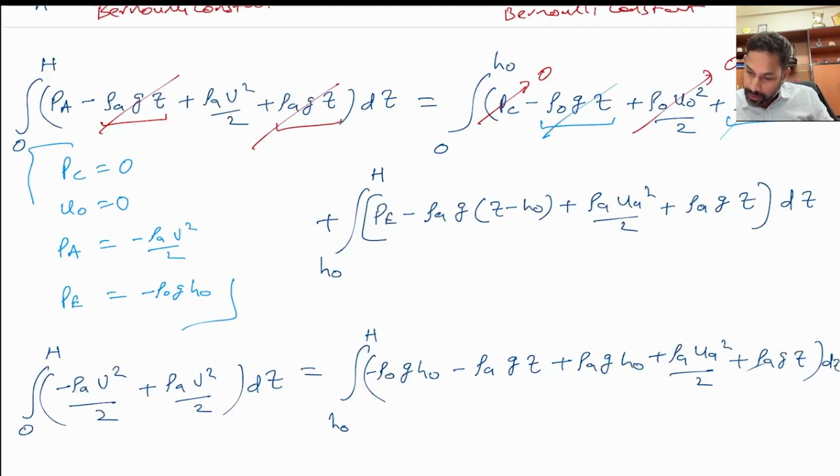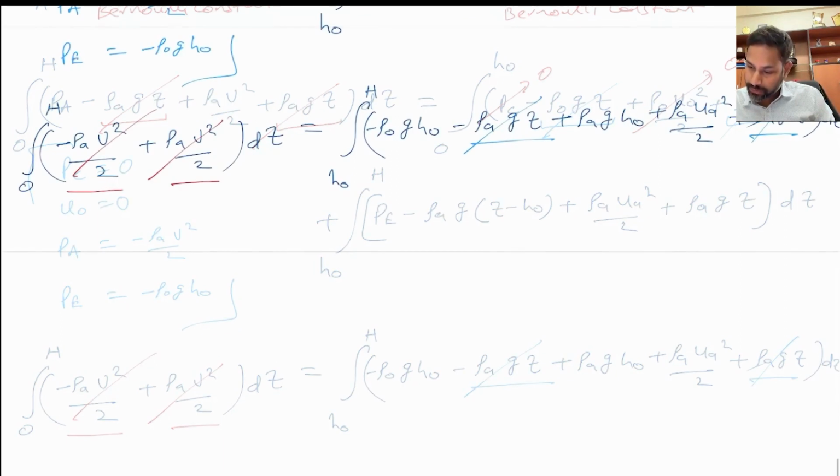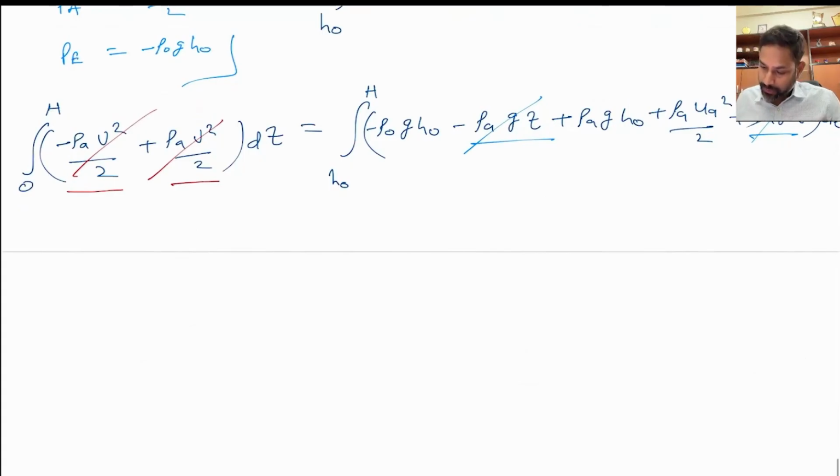Okay, and once again you can see that these two terms are same, so they cancel with each other, and these two terms are same, so that cancels with each other. Okay, so these are all the terms that we have which cancel with each other.